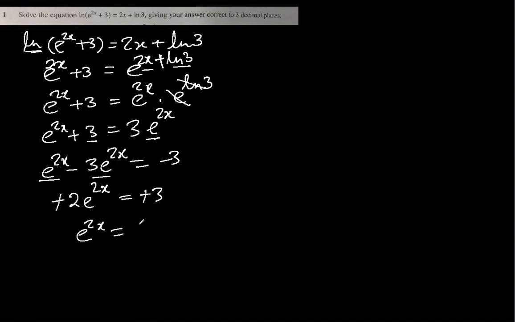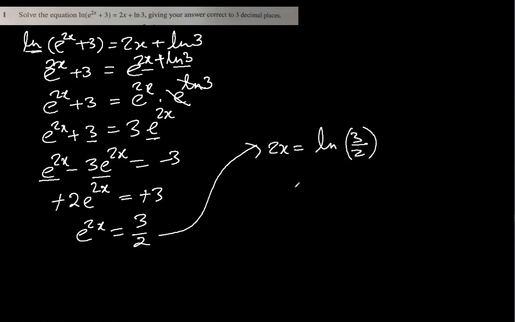e to the power 2x becomes 3 over 2, and that gives us 2x equal to natural log 3 over 2 if we remove e from the other side, and x is half ln 3 over 2. Are they saying exact? No. They're asking us to give the answer in 3 decimal places.